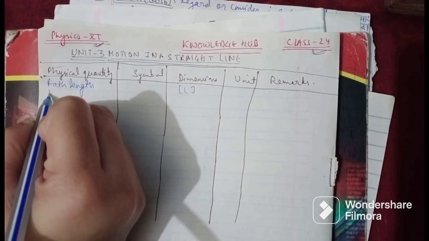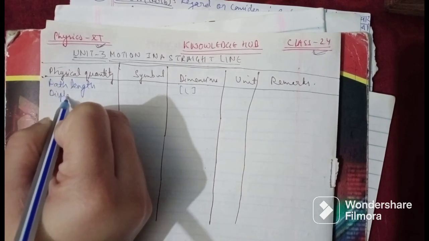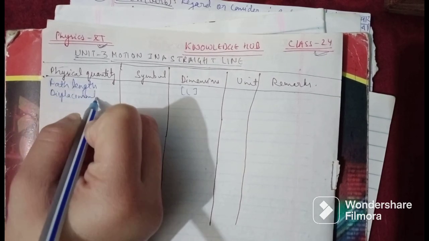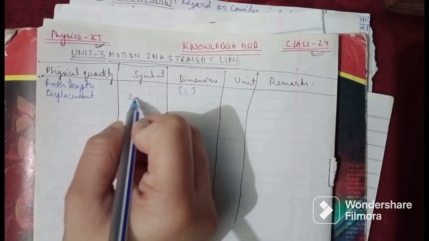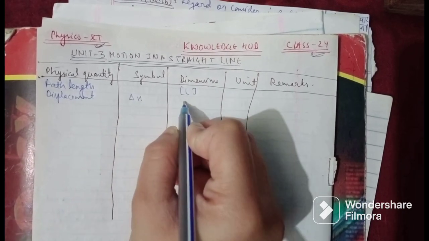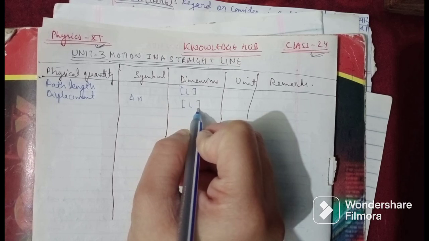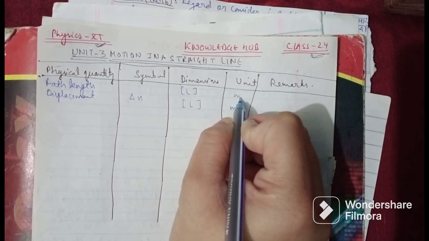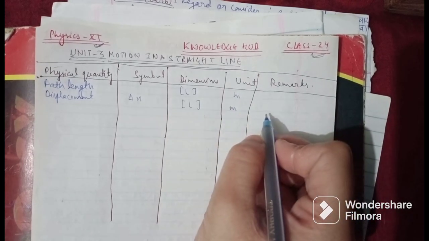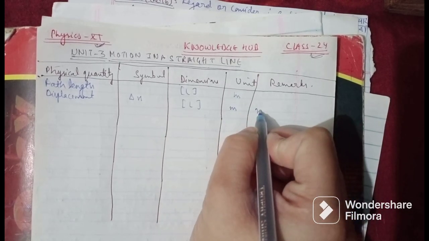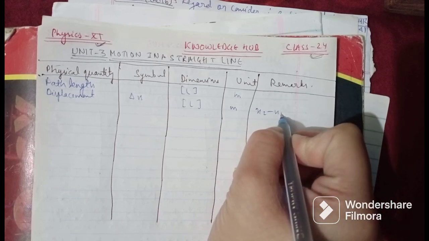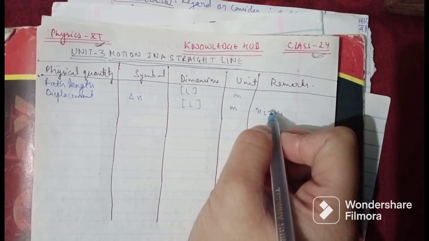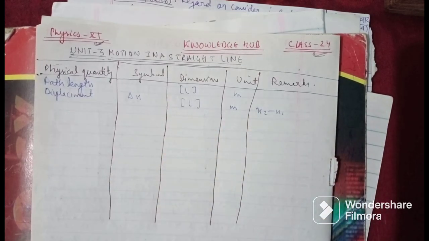For displacement, the symbol is delta x, the dimension is L, the unit is meter, and the remark is x2 minus x1, which is in one dimension. Its sign indicates the direction. Now we go for another one, which is velocity.